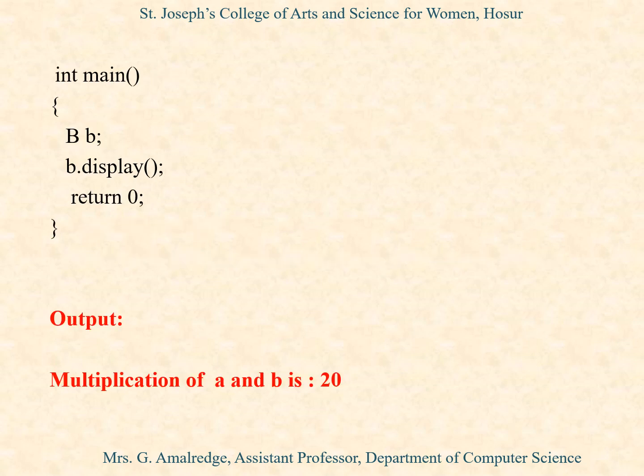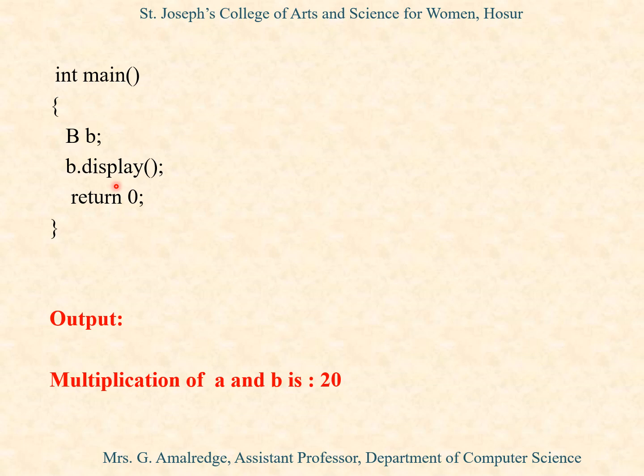Now in the main function we are creating an object for the class B. B is the subclass and object name is small b. So now we are going to call the member function display. As we know, display is available in the subclass. So in display function we initialize the value of result to mul function.